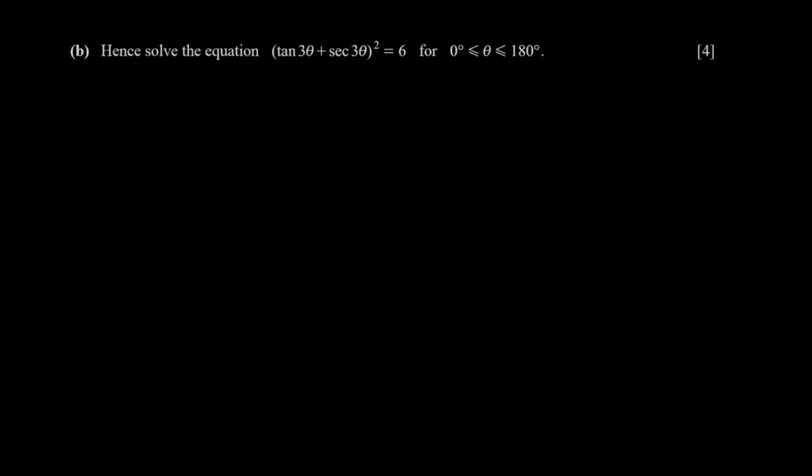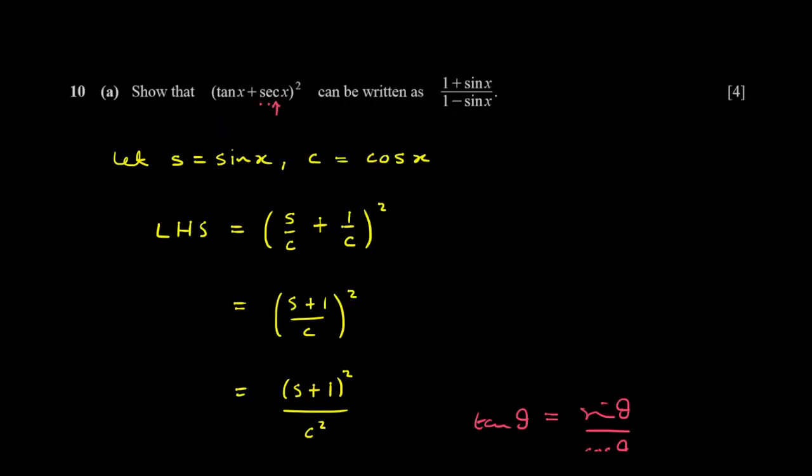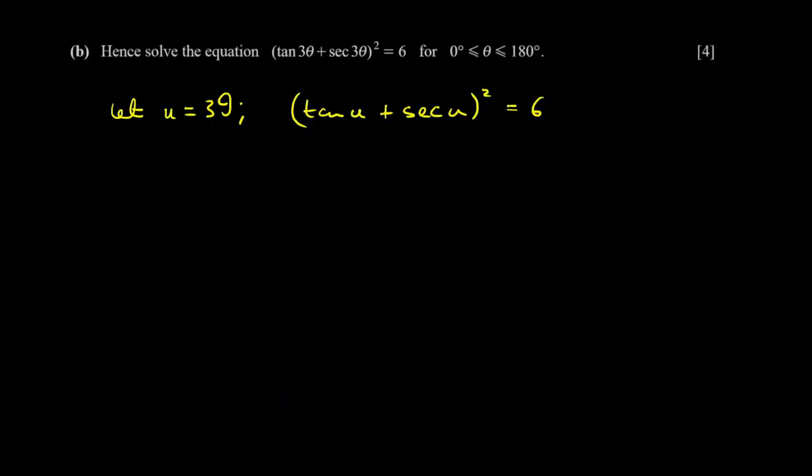So first of all, I always use a substitution. So I say let u is equal to 3 theta. So we change the problem into tan u plus sec u all squared is equal to 6. And we said that that was 1 plus sine over 1 minus sine. So we've got 1 plus sine u over 1 minus sine u is equal to 6.